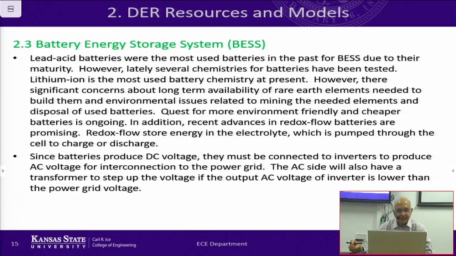And of course, there are some other battery technologies, which are redox flow batteries. But the redox flow batteries require a continuous flow of electrolyte. So they are okay for stationary applications where you have a building where you put batteries and connect to the grid. But for mobile applications like your vehicle, they are not going to work.